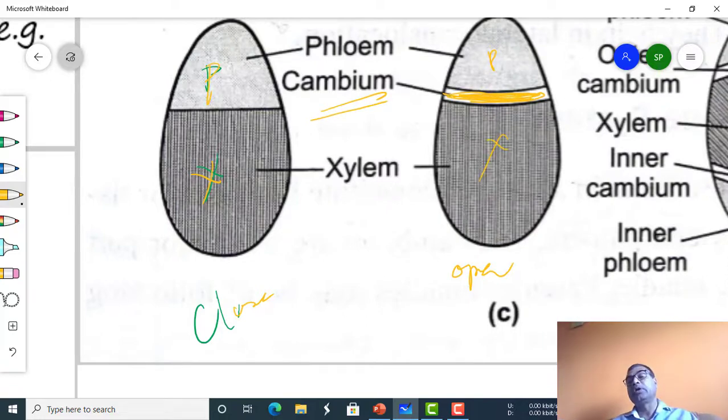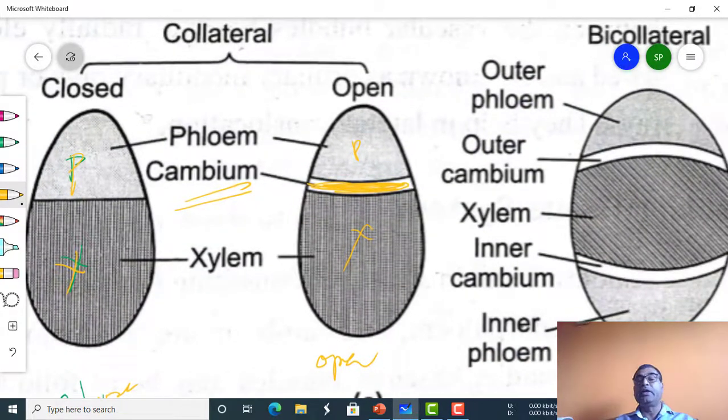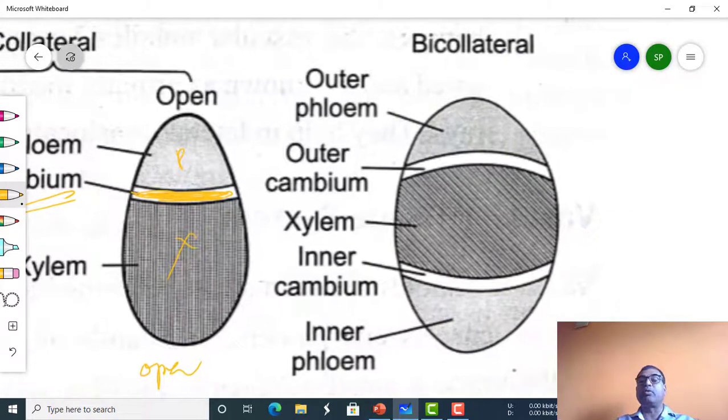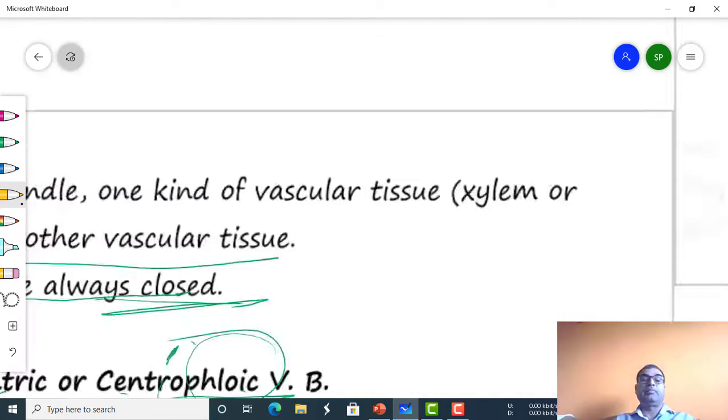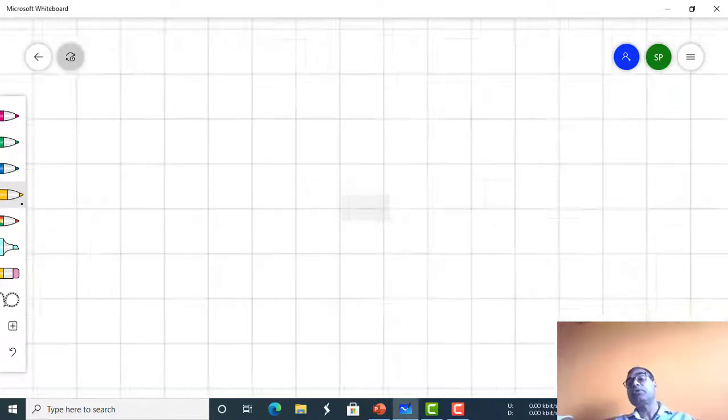Phloem and xylem are separated by the cambium, and this one is a bicollateral type of the bundle. This one is a cambium ring, this one is again a cambium ring. This is the region of xylem and is surrounded on both sides by the phloem. So, this is a bicollateral type of the bundle.